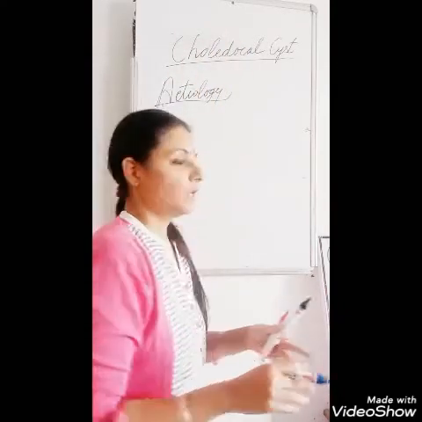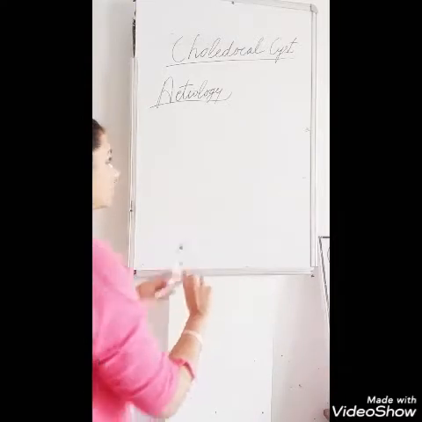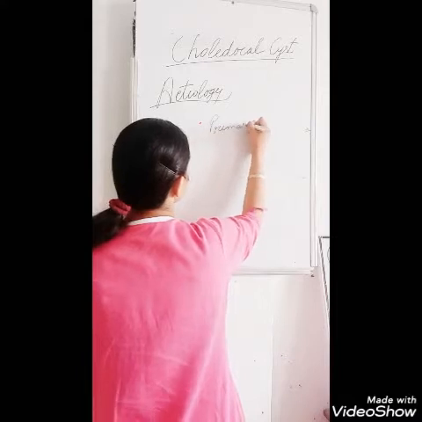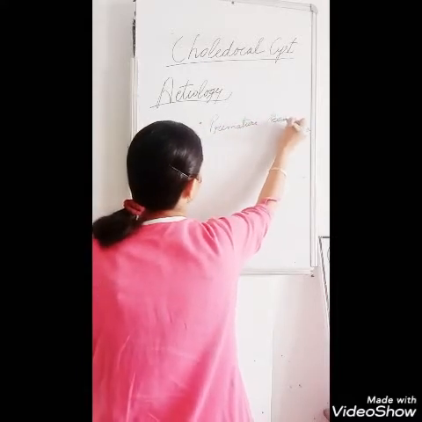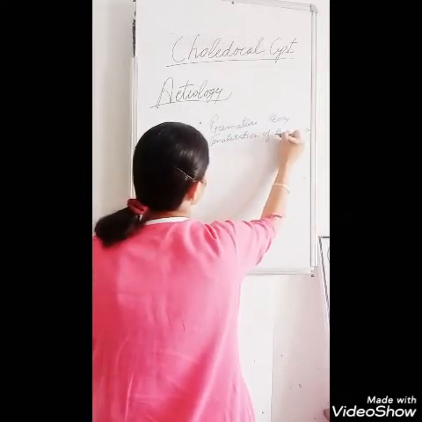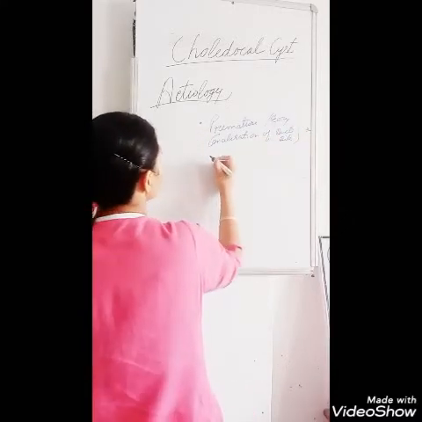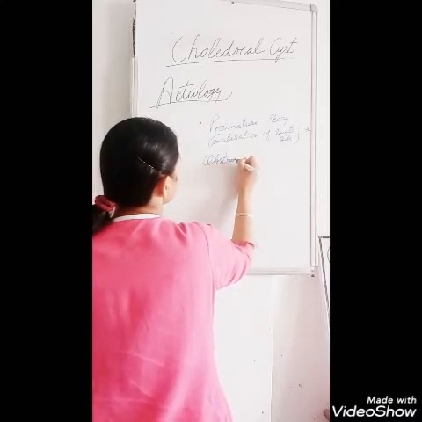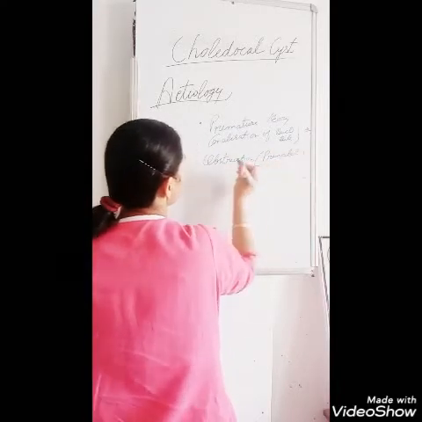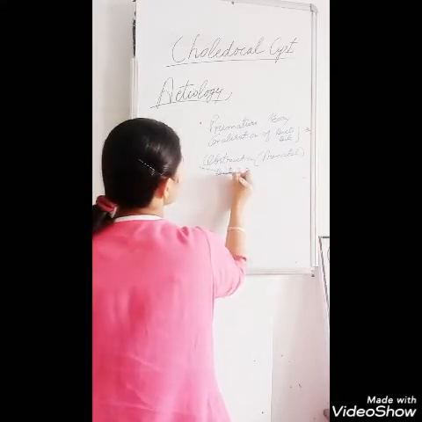Now what happens? There could be premature or early canalization of the bile ducts, and then prenatal obstruction of the ducts.